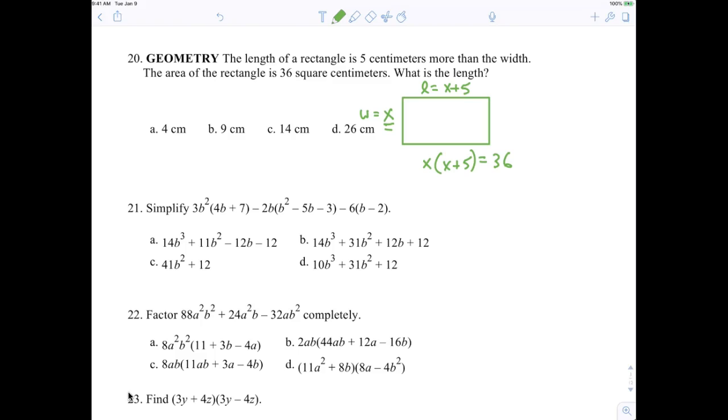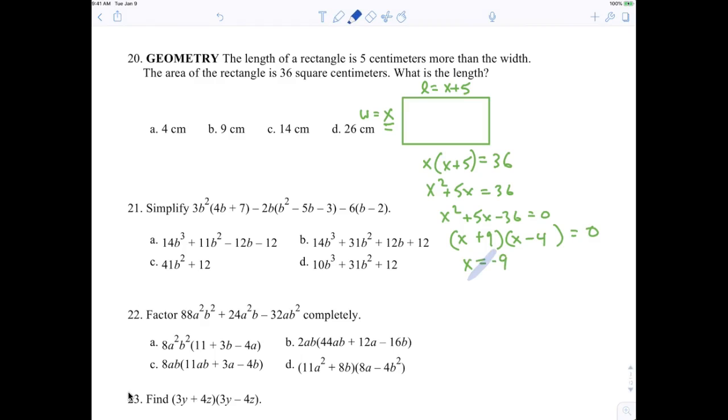So now we say x squared plus 5x equals 36. x squared plus 5x minus 36 equals 0. And now we're just factoring. And the factors of 36 that work are plus 9 and minus 4. However, when we solve this, we get negative 9.